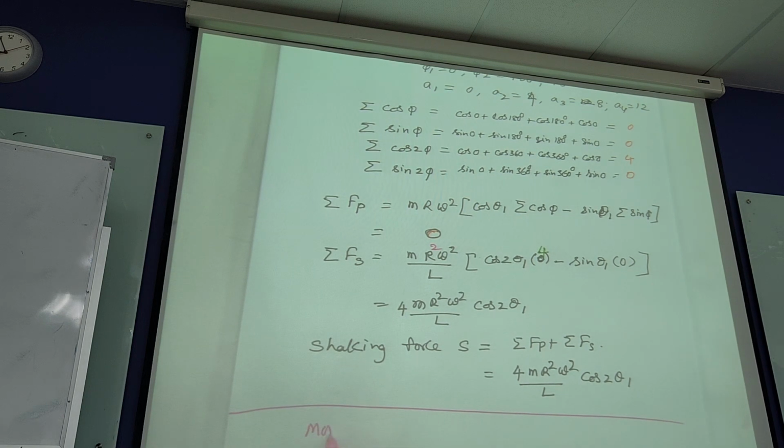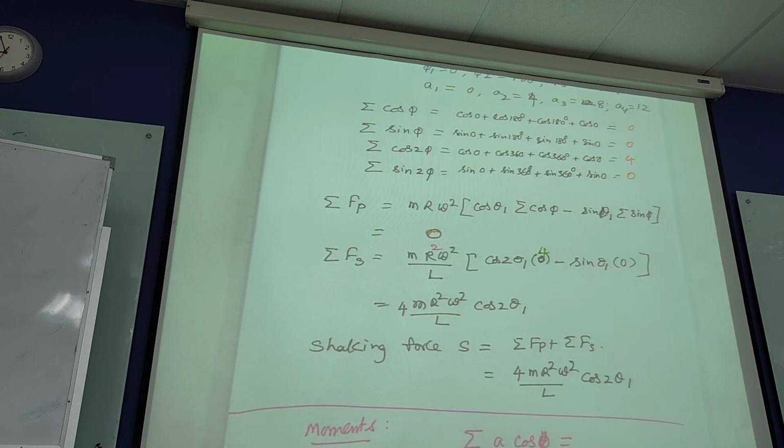So for moments, we need to do sum of A cos phi, sum of A sin phi, sum of A cosine 2 phi, and sum of A sin 2 phi.